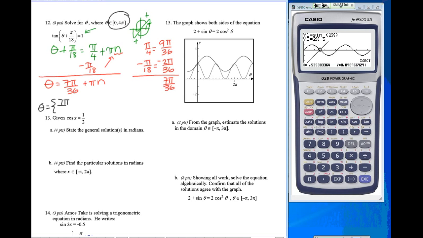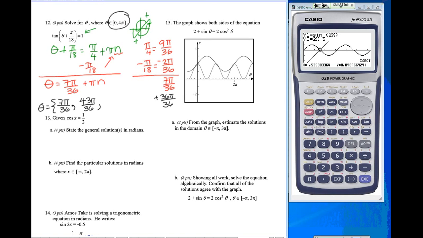So 7 pi over 36 is the first one. If I add pi to that, that means I'm adding 36/36. So 7 plus 36 would be 43. Here's another solution, 43/36.